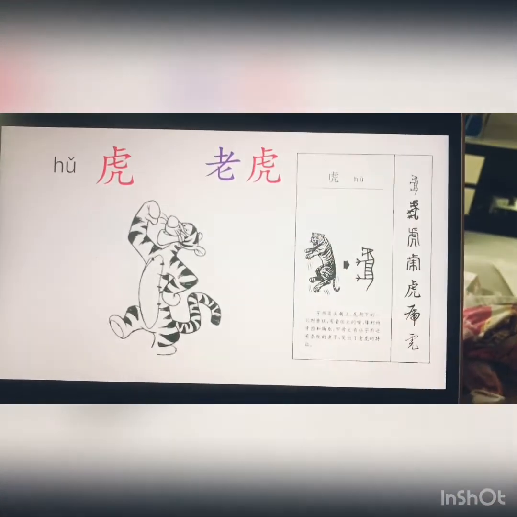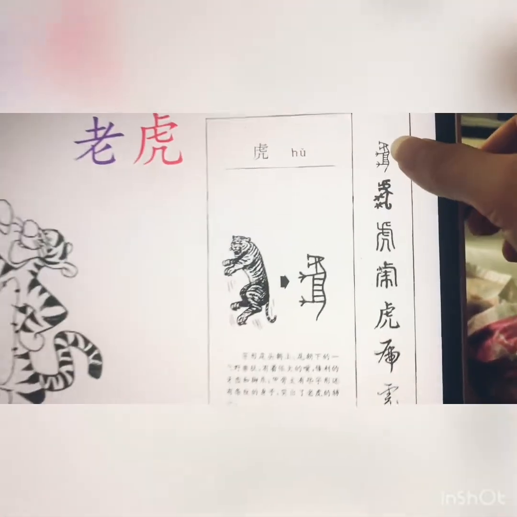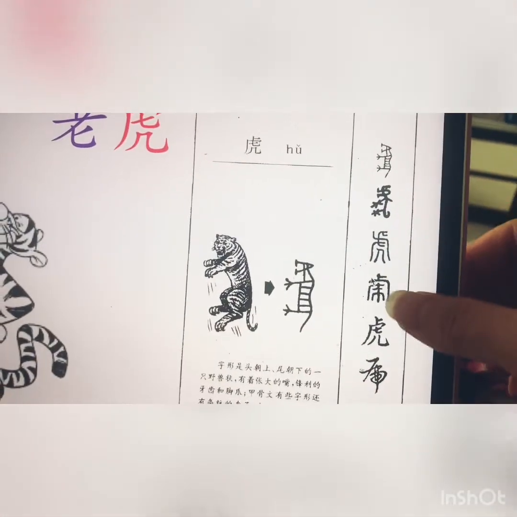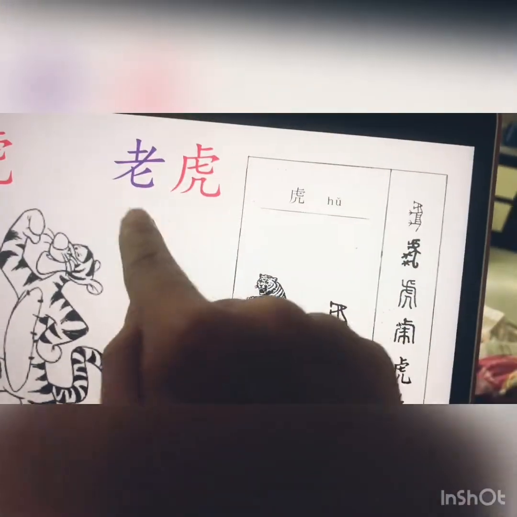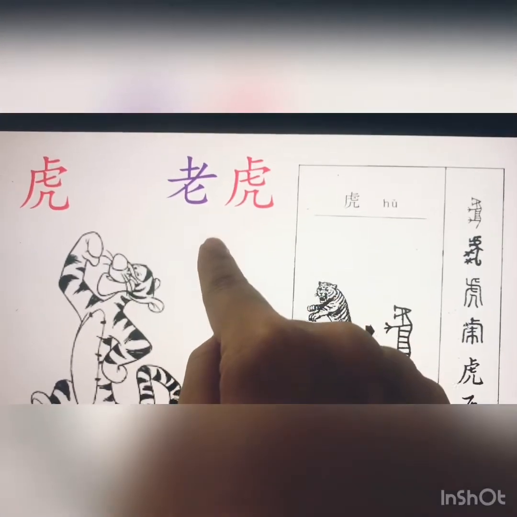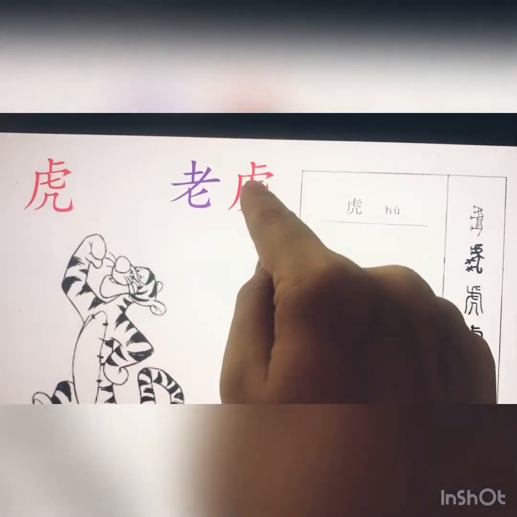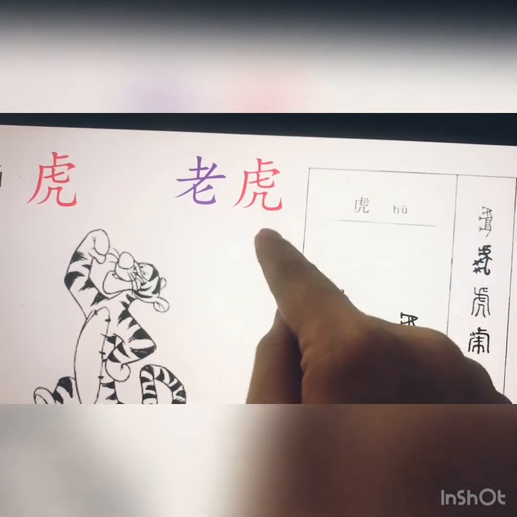This side, you can think of as the original one here, and then here, and then here. You have to remember this one. The writing order should be from 1, 2, 3, 4, 5, 6, 7, 8, like this.